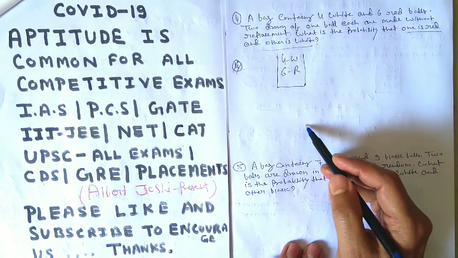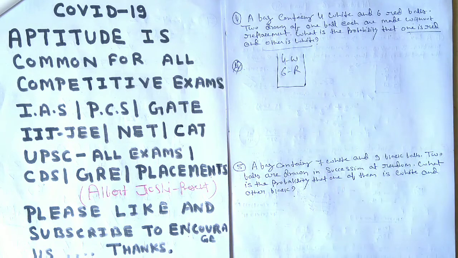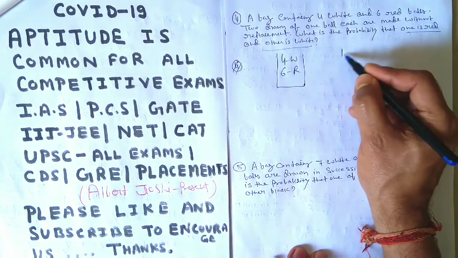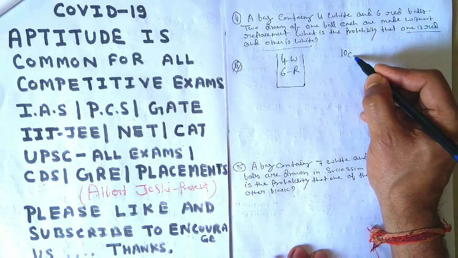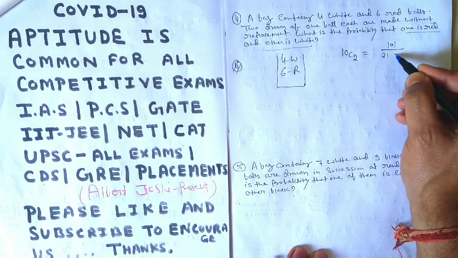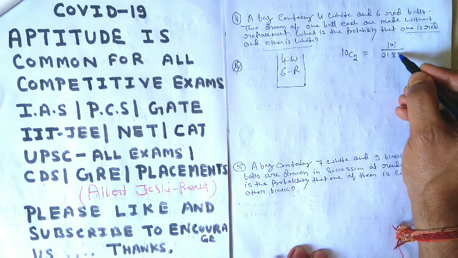Okay. Such problems we have already solved with the help of the rules of permutations. So 2 balls can be drawn out of 10 balls. This is 10C2. This is 10 factorial upon 2 factorial into 10 minus 2, which is equal to 8 factorial.